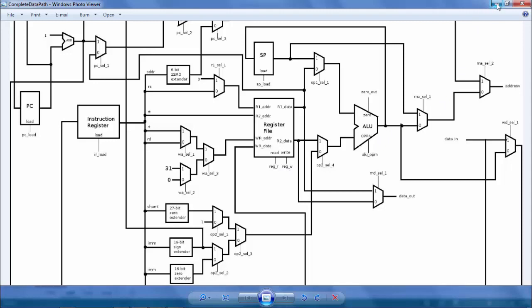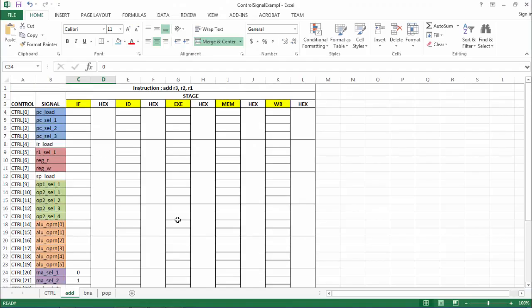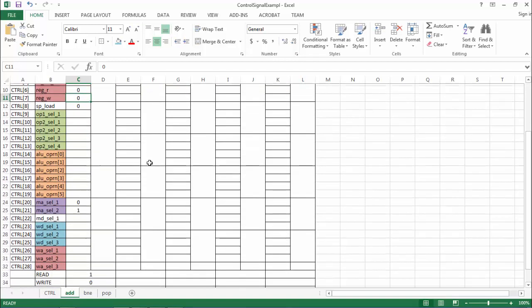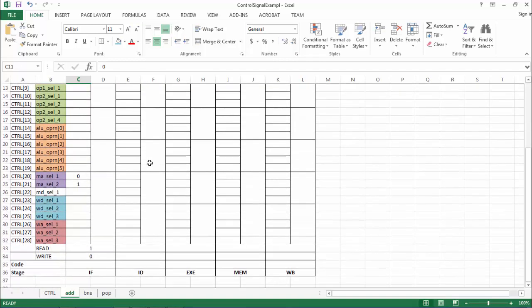So hold mode for this register file, let's assume, is 00 for reg r0 and reg w0. With that in mind, we put all the sequential elements, that is IR load at 0, PC load at 0, SP load at 0, and also register read and write as 0, 0. The rest of them are just don't care at this point, right?